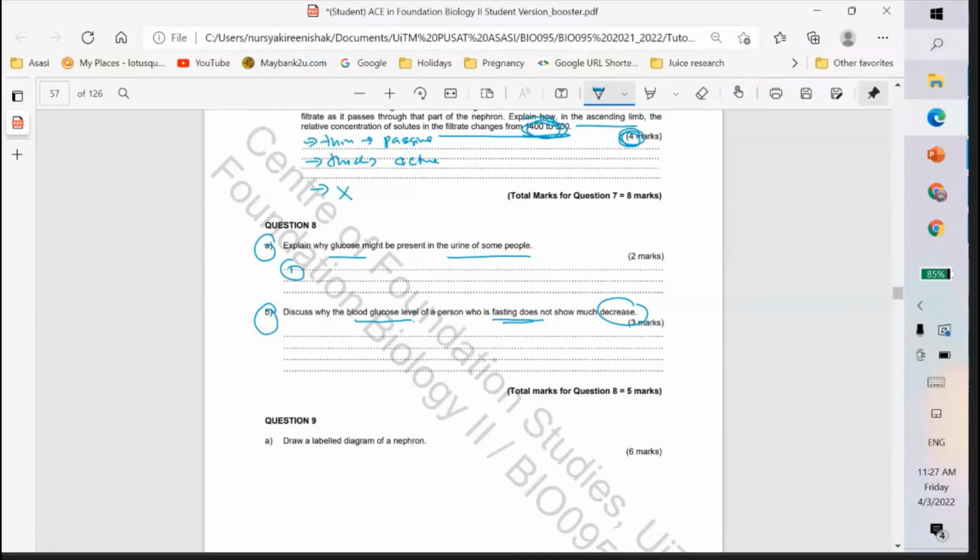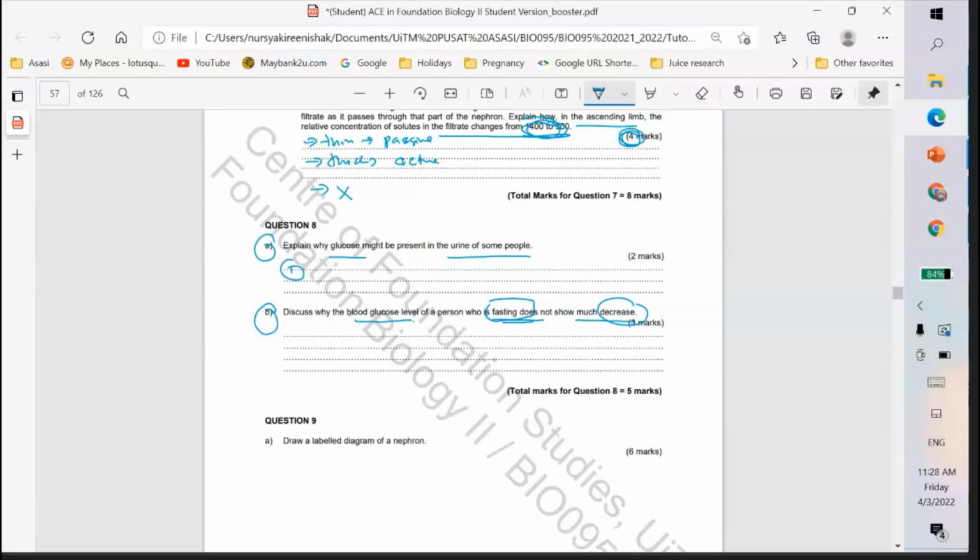So in this case, the keywords in the question are fasting and not much decrease in blood glucose level. When you are fasting, you are not eating. You don't eat rice, you don't take any sugar, for example. So your blood glucose level is supposed to fall below the set point.